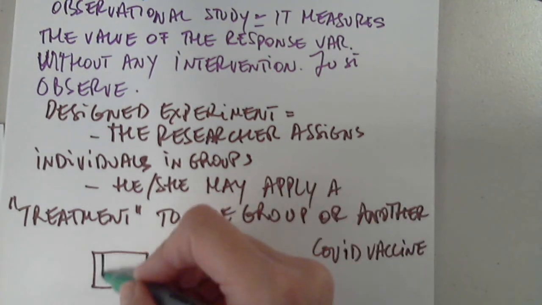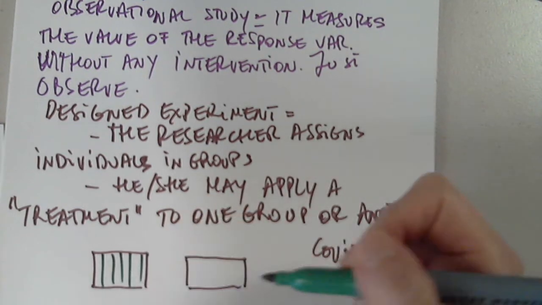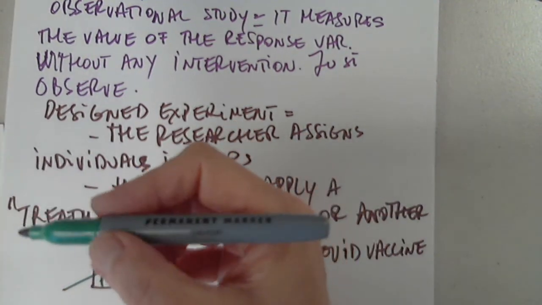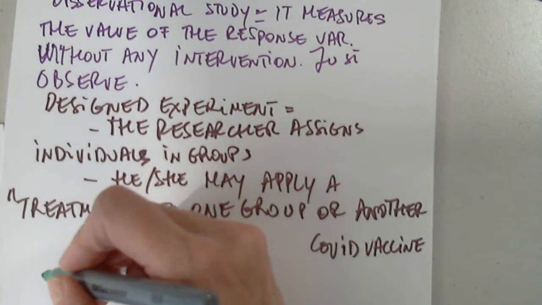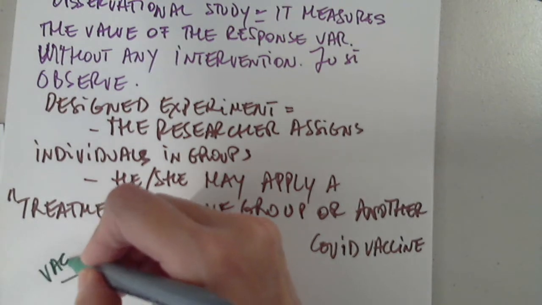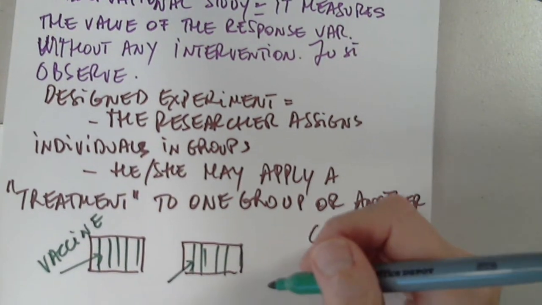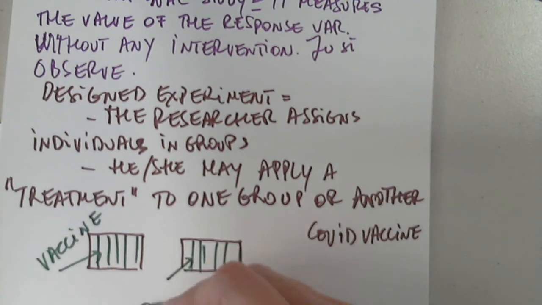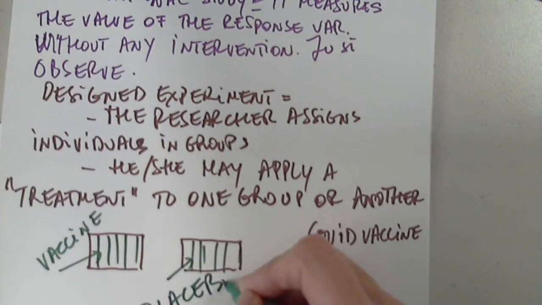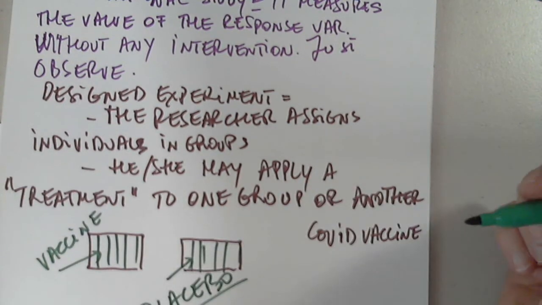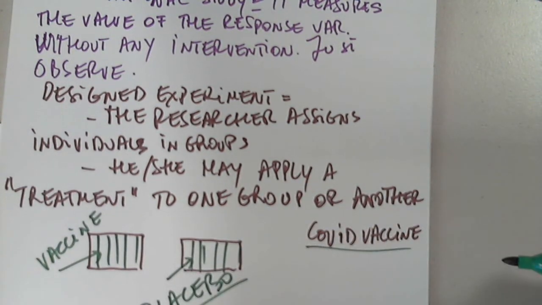But let's suppose we're talking about the COVID vaccine. The researcher may separate individuals into two groups. This group, let's say, they are taking the vaccine. And this group, we are not giving them the vaccine. We're just giving them placebo. Just water. We tell both groups, we are giving you the vaccine.